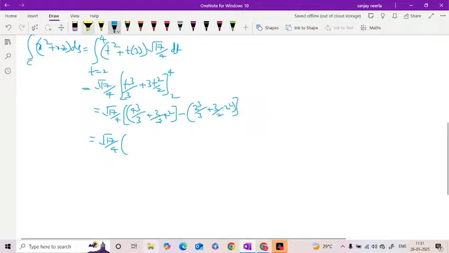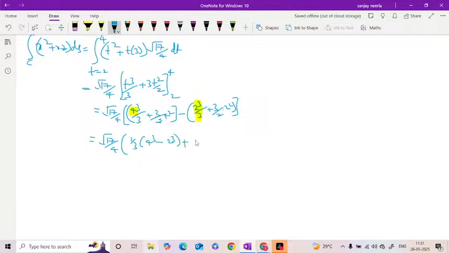Now root 17 by 4 after simplification. First term and third term, after joining these two, 1 by 3 you can separate, so 1 by 3 of 4 cube minus 2 cube, and separating the 3 by 2, 4 square minus 2 square.